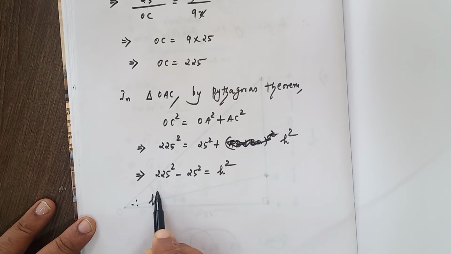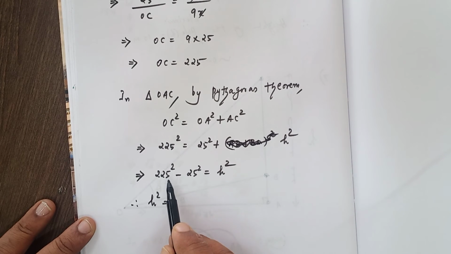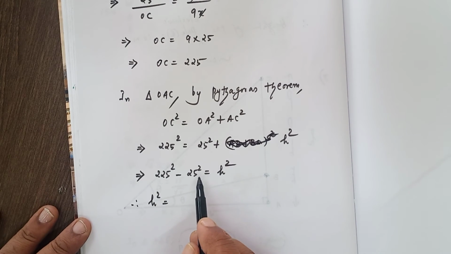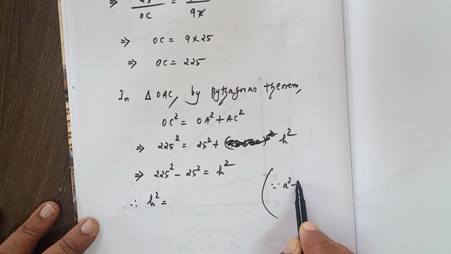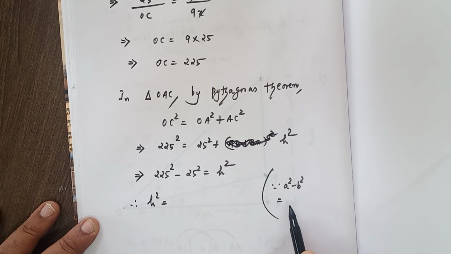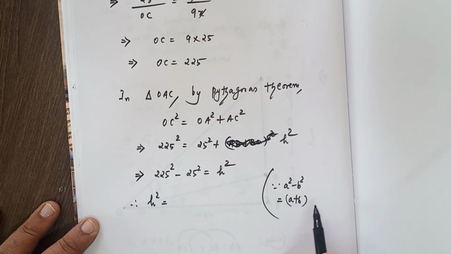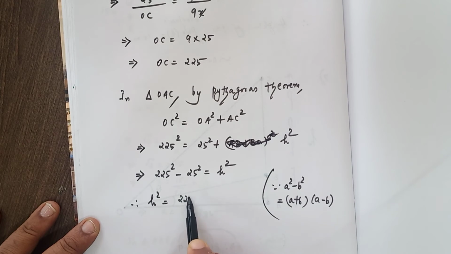Therefore h square equals, this is of the form a square minus b square. We can apply the identity, that will be easy. a square minus b square is equal to a plus b into a minus b. Here a is 225, b is equal to 25.